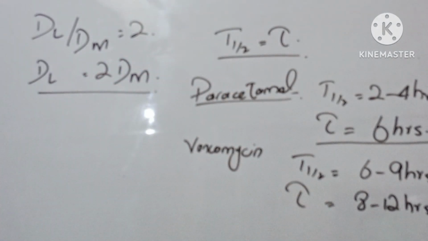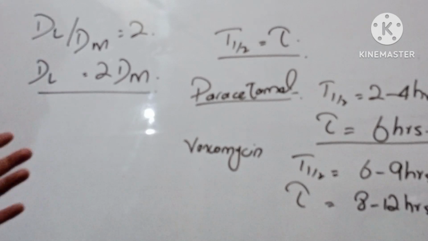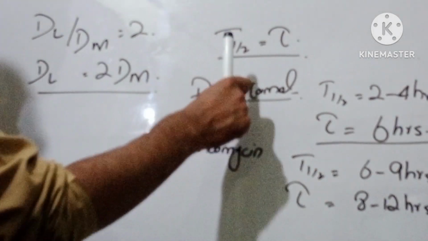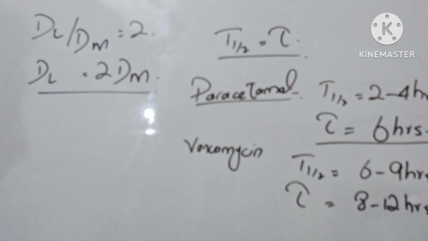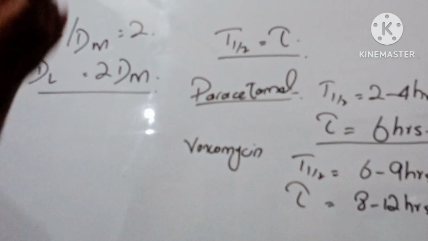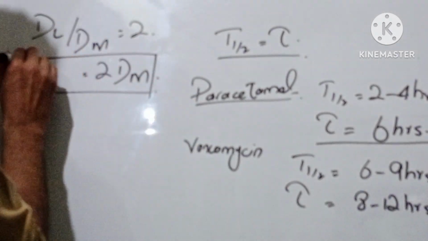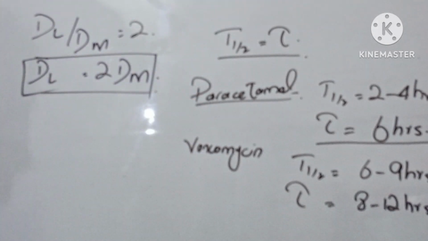That is why for some drugs whose dosing interval is equal to the half-life, in order to get the CPSS within a single shot, the loading dose is double the maintenance dose.